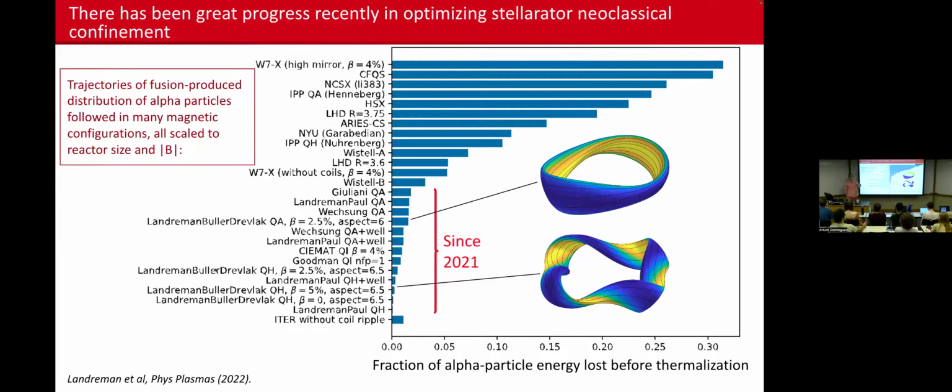And so this is telling you how many alphas are lost after you have simulated it for a long time. And basically, we've gotten it down to essentially zero, a few percent. And all of this has been since 2021. So there's been a lot of progress on getting really, really quasi-symmetric stellarators optimized.